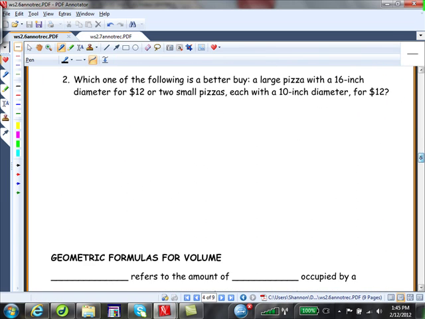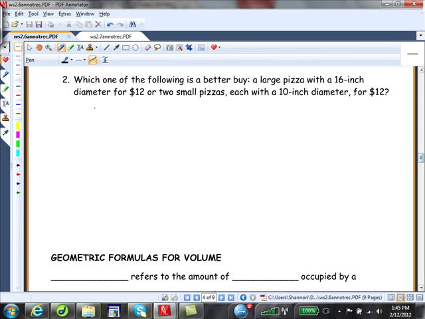Next up is a comparison type problem. Which is a better buy, a large pizza with a 16-inch diameter for $12, or 2 small pizzas, each with a 10-inch diameter for $12? Here, you wouldn't really be interested in the perimeter because you're not just eating the crust, you're eating the whole pie, right?